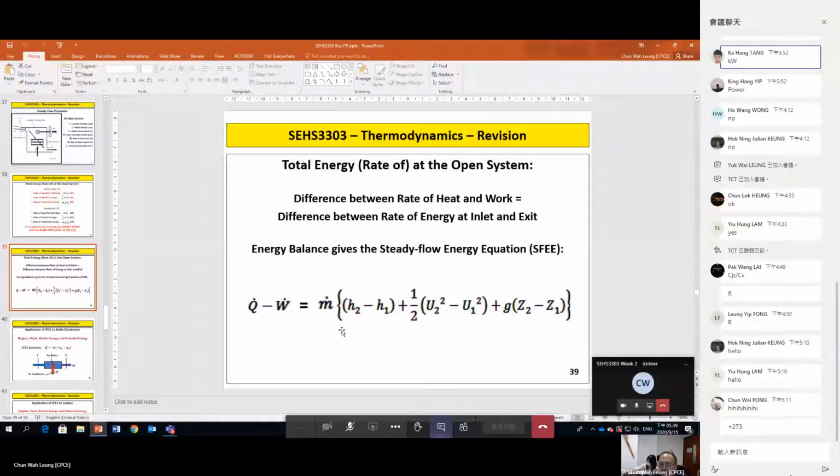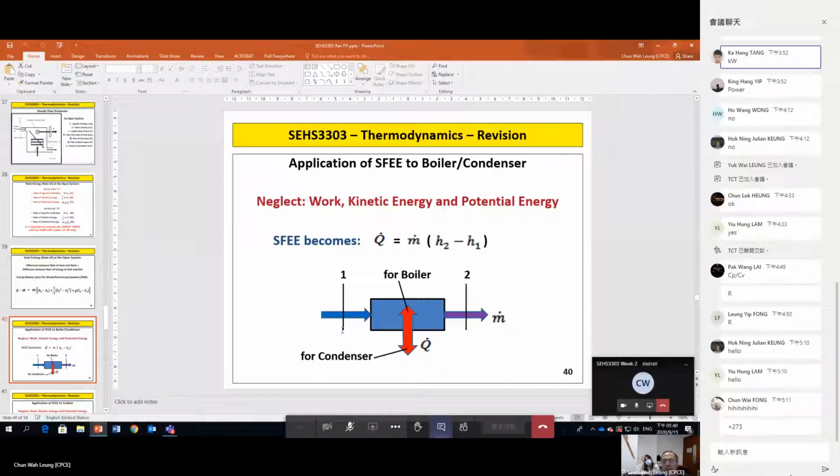So therefore, the difference between U1 and U2 is small. Therefore, kinetic energy are also usually assumed negligible. If W is 0, potential energy negligible, kinetic energy negligible, then the steady flow energy equation becomes the rate of heat transfer is equal to the mass flow rate times the change of enthalpy between point 2 and point 1.